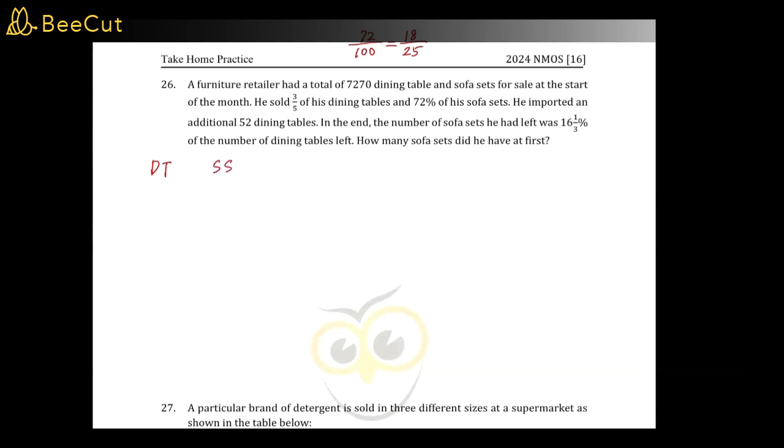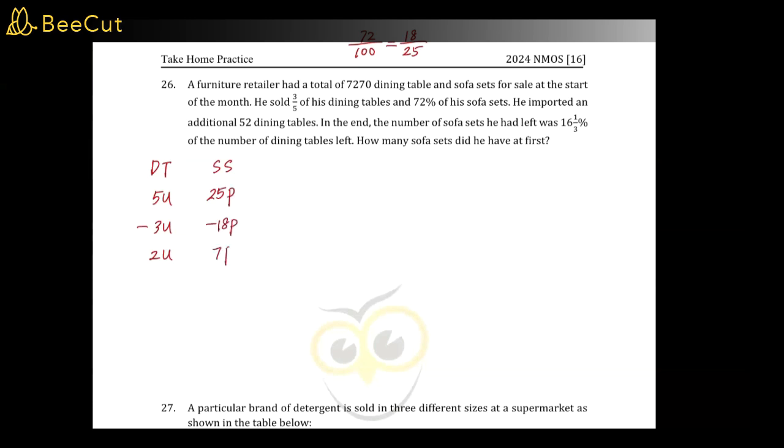Dining table is 3 out of 5. Let's say we start with 5U and then sold 3U. There are 2 units left. For the sofa sets, 18 out of 25. So we'll start from 25p minus 18p.